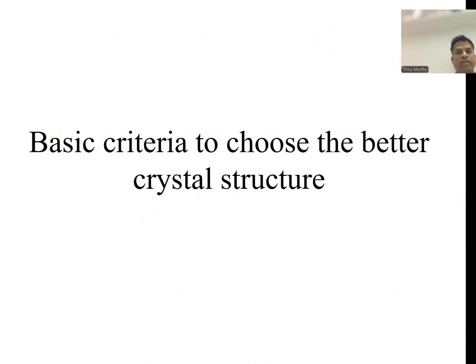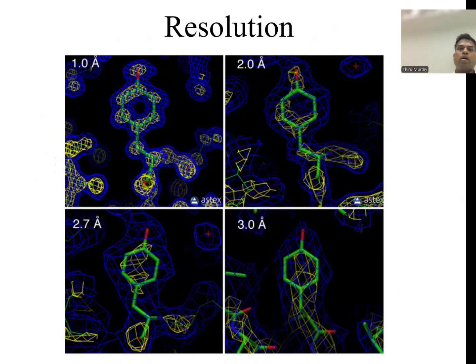Okay, finally we'll see what is the best criteria to choose a better crystal structure. Apart from understanding the PDB format, a very important criterion in PDB structure selection is resolution, right? So what is resolution?